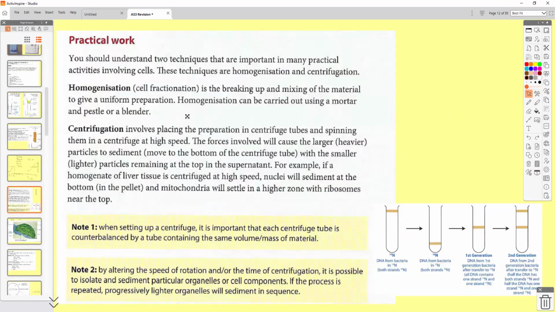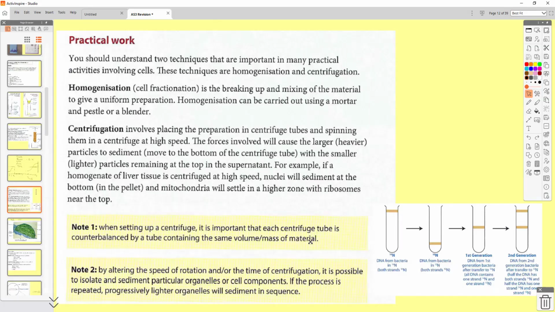A couple of things there might come up as well. Your homogenization is just breaking up your food sample. So for example, in the food tests, you might put something in your pestle and mortar and mash it up. That's homogenizing, or fractionation of the cells. Centrifugation is when you spin them round very fast and you're trying to find their density compared to something else that you know.